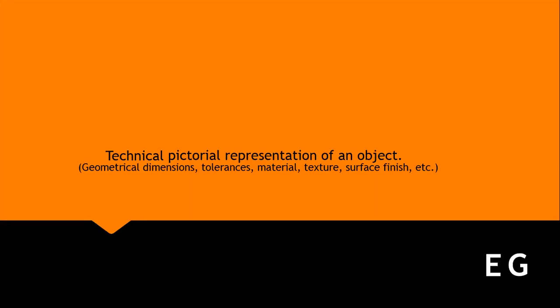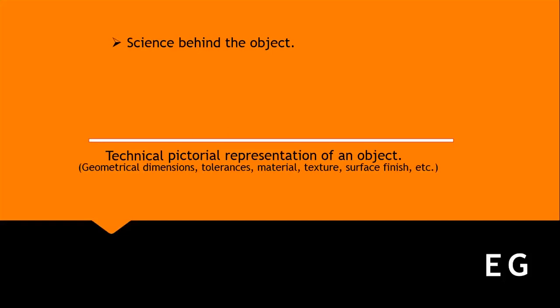But before doing this, certain prerequisites are required. What are they? Before directly moving into the drawing, first of all, the engineering student or an engineer should know about the science behind the object which he is drawing. The student should know about the geometry of the object.